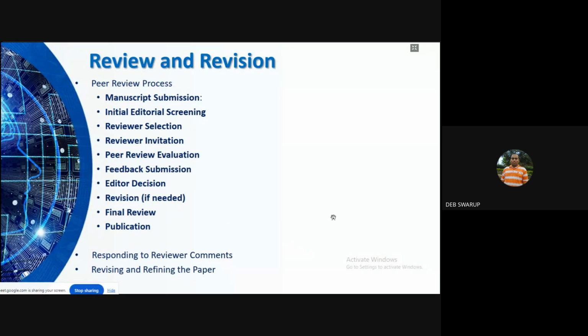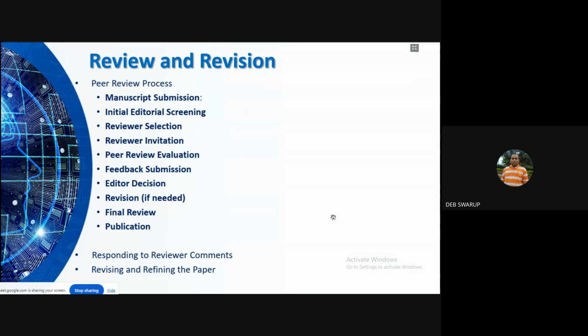Then after selecting, not all reviewers are accessible to us, so we go for reviewer invitation. We invite them: respected sir and madam, we have this paper, kindly be kind enough to verify this. If they accept, then the next stage comes, that is peer review evaluation. There are two kinds of reviews.